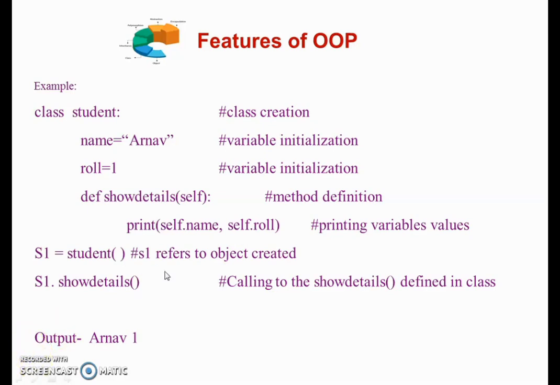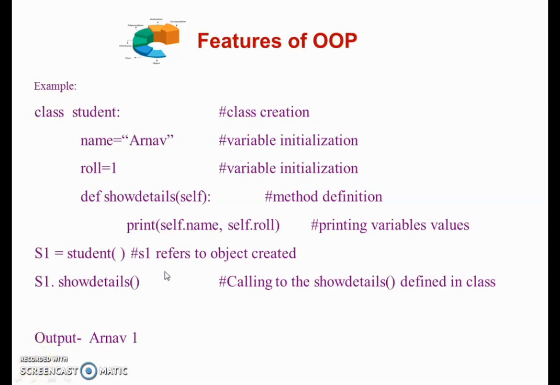We know that to access the member methods or data members outside the class, we always have to use an object along with the dot operator, because we cannot access them directly. So I used the object name s1 followed by the dot operator.